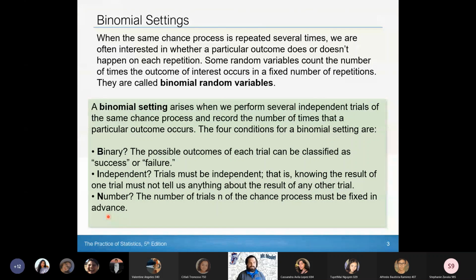Each time we run this chance process, we record how many times we have a certain outcome. Knowing how many trials we're going to do ahead of time, that's the number. It's not like I've been doing this experiment for a few days and I'm like, okay, I think this is enough, so I'm going to stop here. That doesn't fit this condition. I didn't have that fixed before I started.